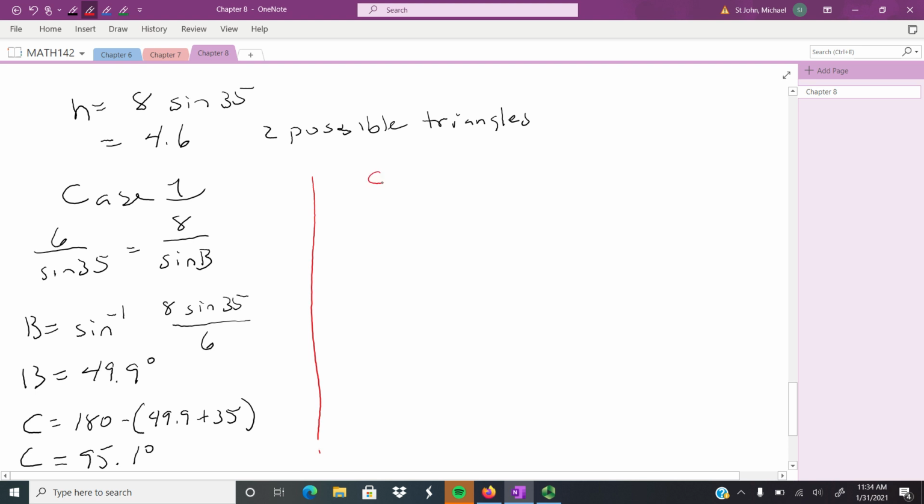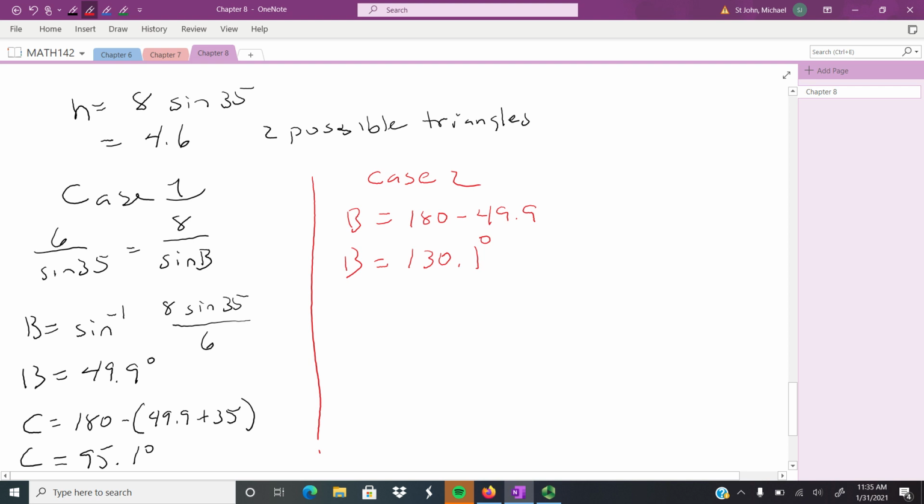So case 2. What we do in case 2 is, first off, the first angle I found in case 1 was B, which is 49.9 degrees. So in case 2, the new angle B is 180 minus that, and this number comes out to be 130.1.